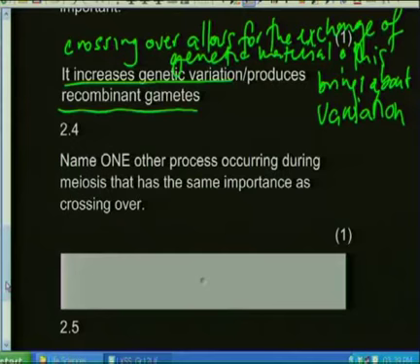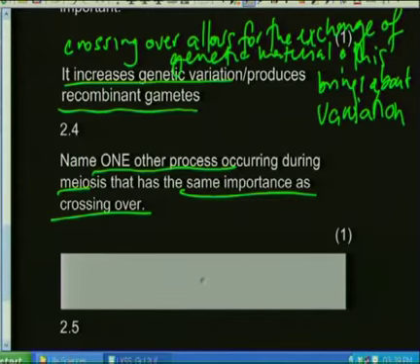So now, this is the beginning of the most important significance of meiosis, and that is that the resultant cells would be different from the parent cells. And that's what we mean there. Name one other process occurring during meiosis that has the same importance as crossing over.